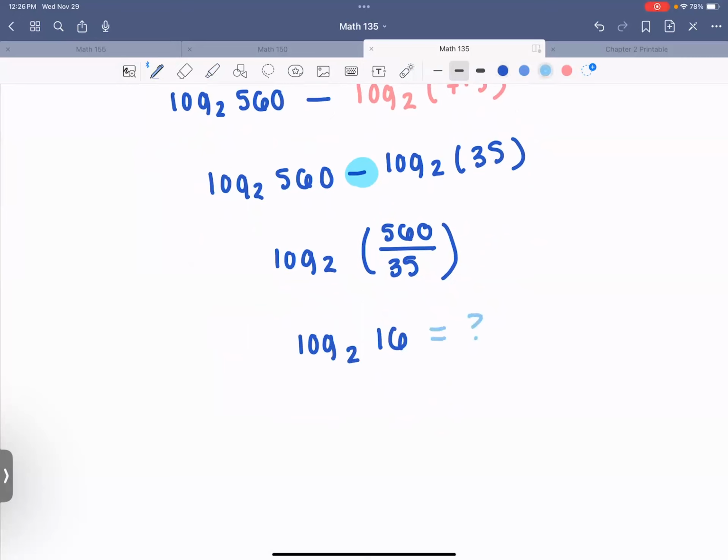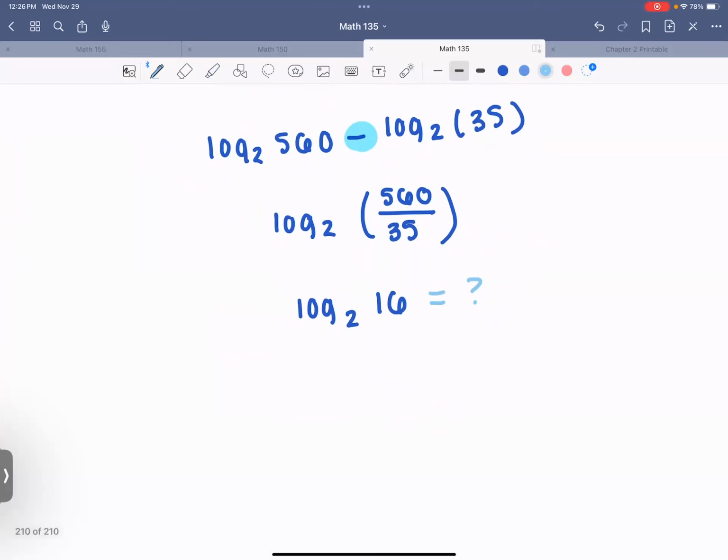Let me just kind of walk us through that though. If I want to know what this number is, I'm really asking myself, well, let's put it into exponential form. What's the base of my exponent? 2. What's the exponent? Well, question mark, right? And what's my final answer? 16. Okay. And what power of 2 gives me 16? 4, right? So this literally becomes my answer.